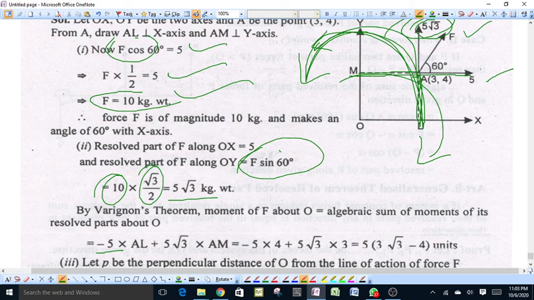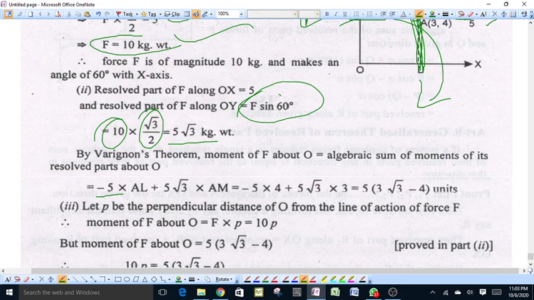Therefore, the moment of the 5 kg component about O will be negative, and the moment of the component 5√3 about O will be positive, and the sum will be equal to minus 5 into AL plus 5√3 into AM.